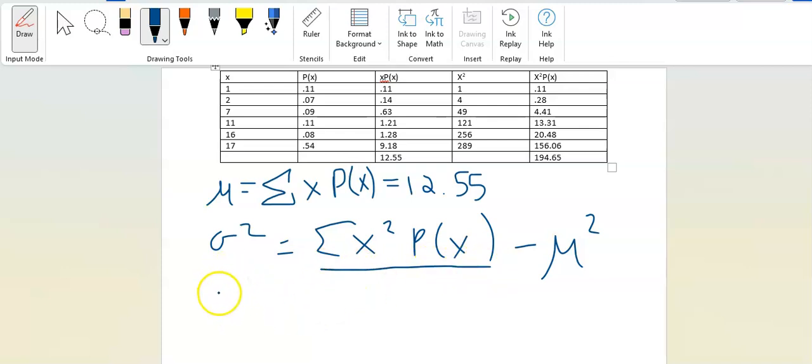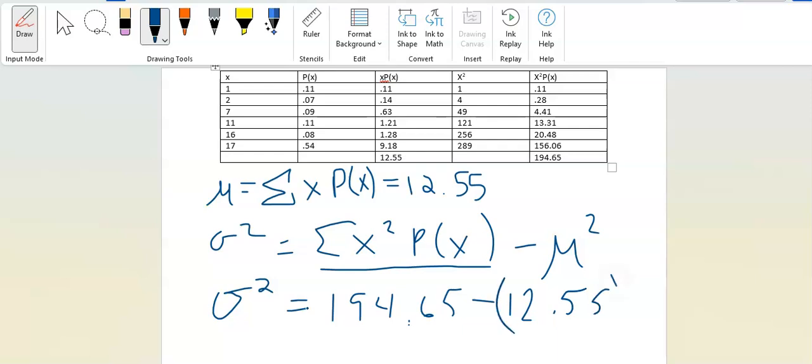All right, so our variance is equal to 194.65 minus the mean that we got in our first step, 12.55 squared. So I'm going to go ahead and do 12.55 squared in my calculator, and I'm going to keep all my decimal places for the moment.